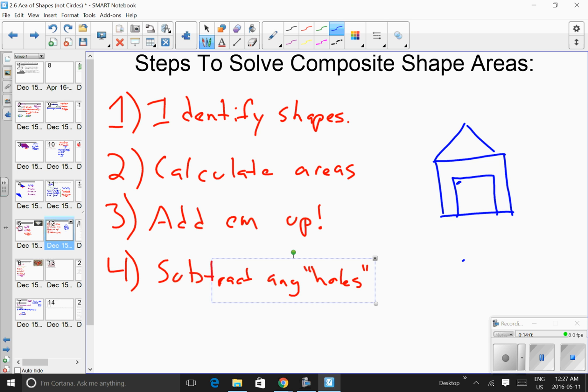So this piece here is missing. So you would add up your triangle plus your big rectangle, and then you'd subtract the part that's missing. You would subtract this area. Okay, so just one more step, which you will have to do on some of the practice problems.